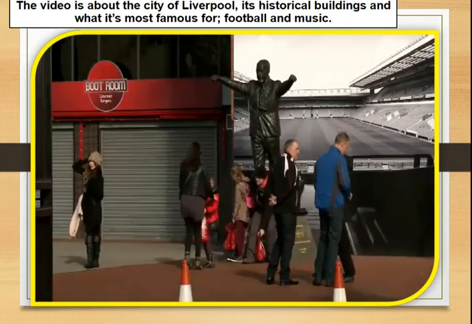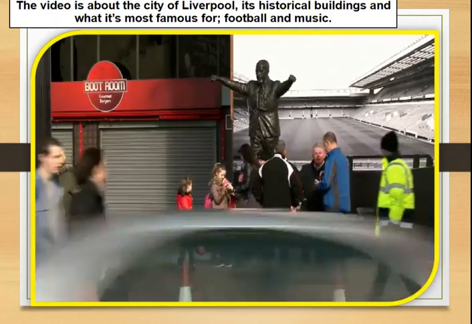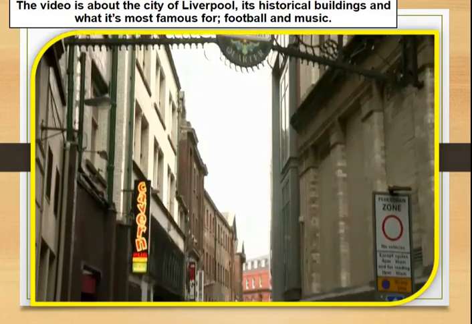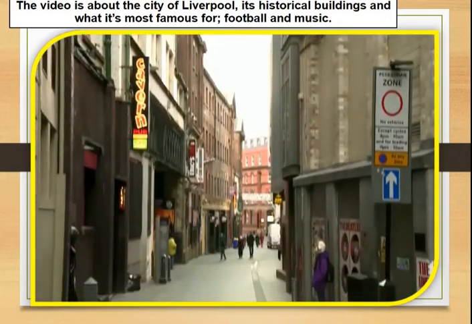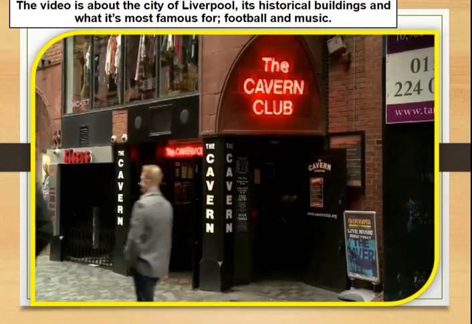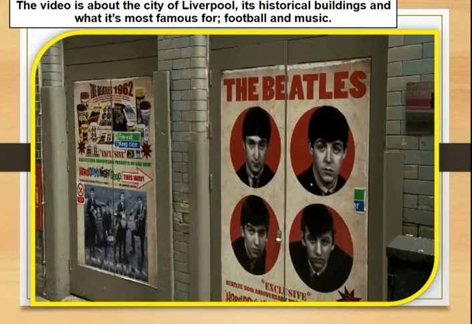Tourists come from many different countries to visit its stadium, Anfield. They also visit this, the Cavern Club. It's a small music club in the centre of the city, and it's famous for the 60s pop group The Beatles.